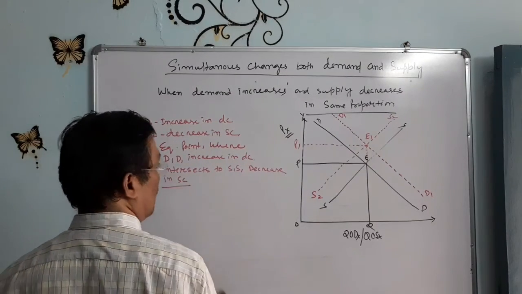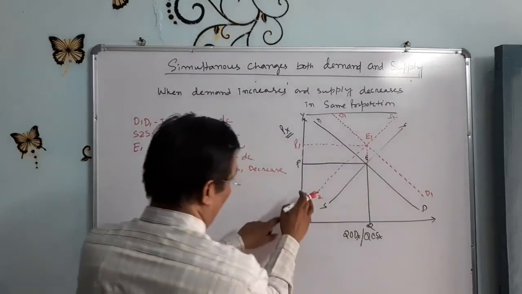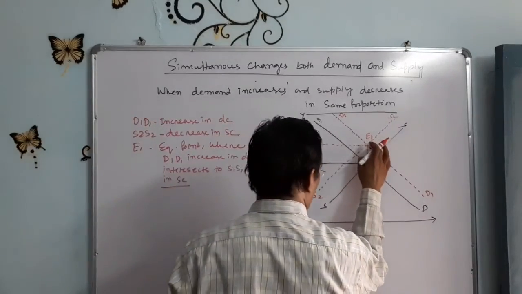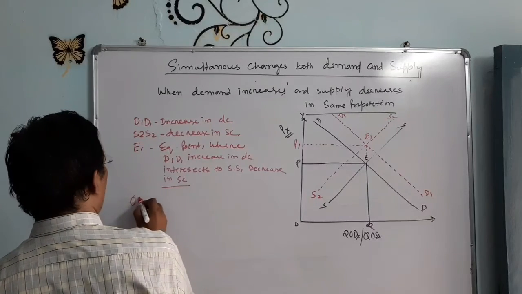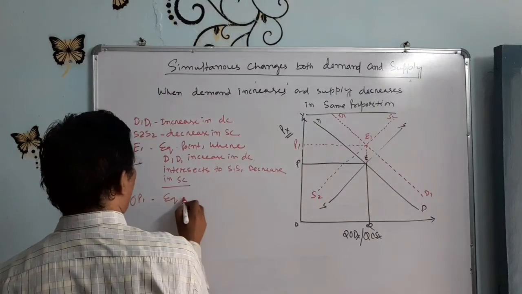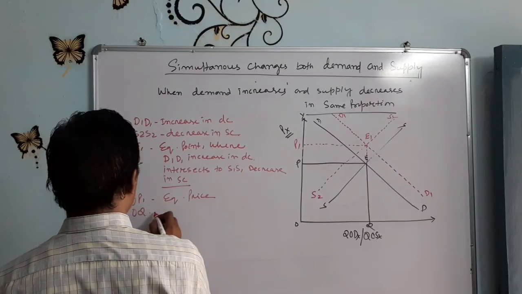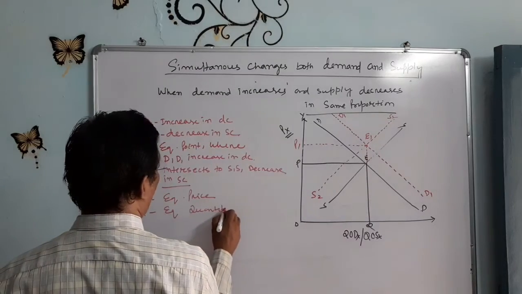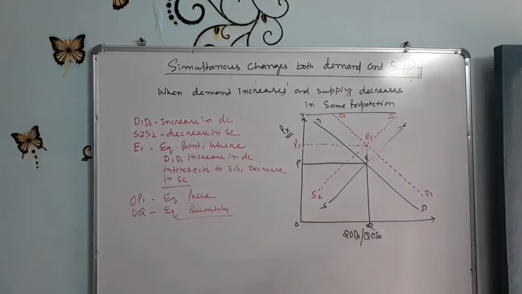Clear. D1 increase in demand curve and S2 decrease in supply curve intersect at point E1. So OP1 is the equilibrium price and OQ is the equilibrium quantity.